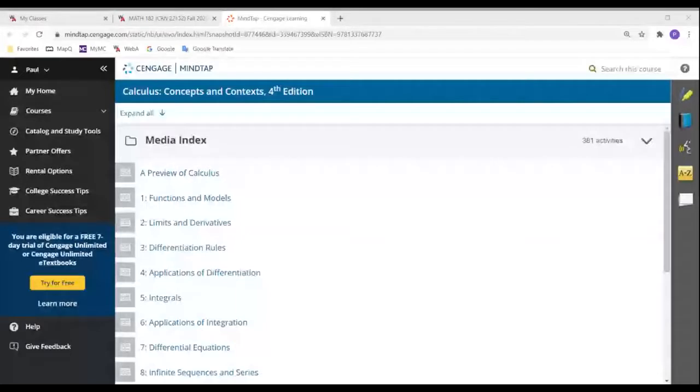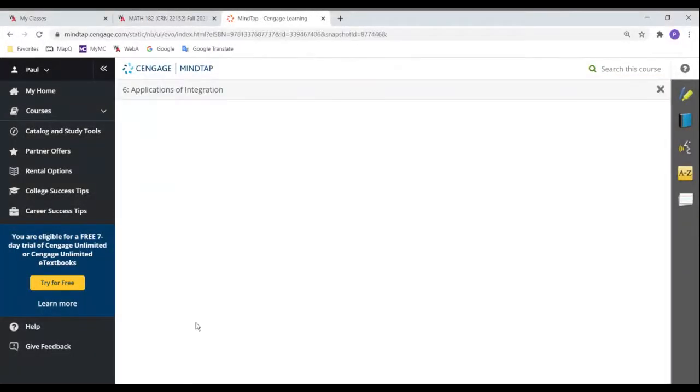So let me go ahead and bring up the ebook here. Section 6.6, applications to physics and engineering. That's where we are. So I want to give you a little guided tour of 6.6.